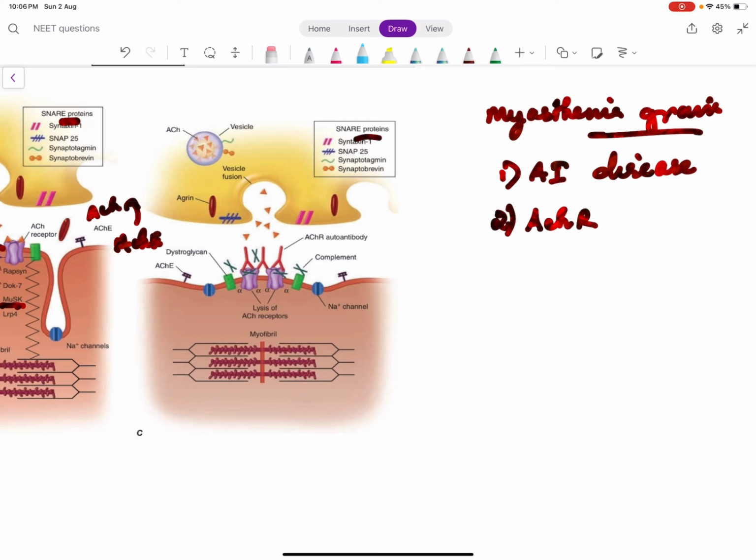You can see in the image, the acetylcholine receptor antibody binds to the acetylcholine receptor and destroys it. When the acetylcholine receptor is destroyed, what happens? The acetylcholine in the synaptic cleft cannot bind to the acetylcholine receptor. So when acetylcholine does not bind to the receptor, there is no downstream signaling, there is no contraction. So it leads to muscle weakness.